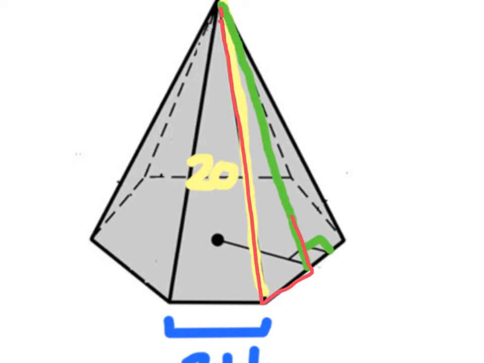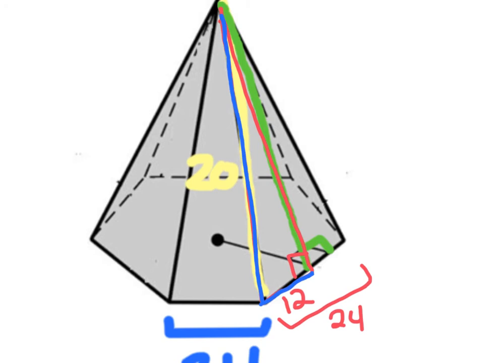Okay, and we know that there's a right triangle here. We know the whole side down here is going to be 24, so let's divide that by 2. That's going to give me that bottom of the triangle. So now we have a hypotenuse of 20 and a bottom of 12.